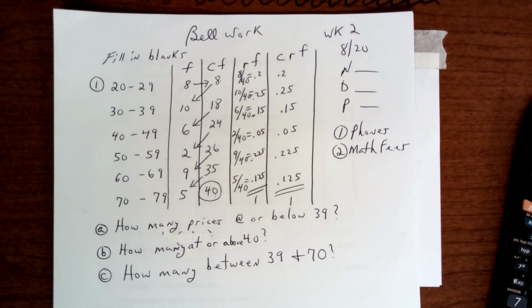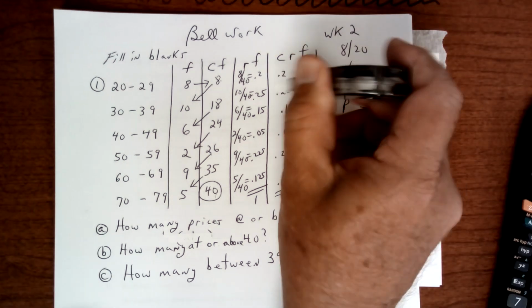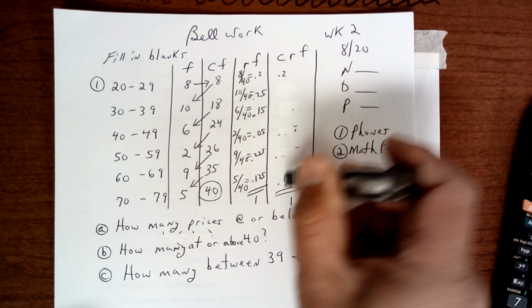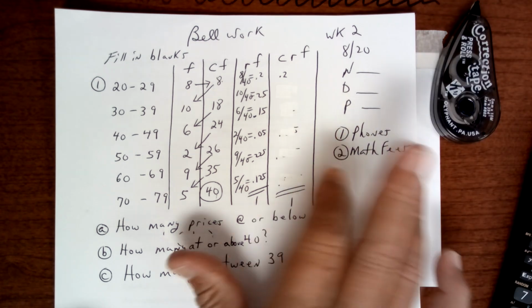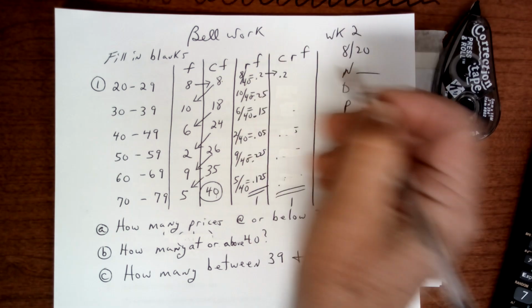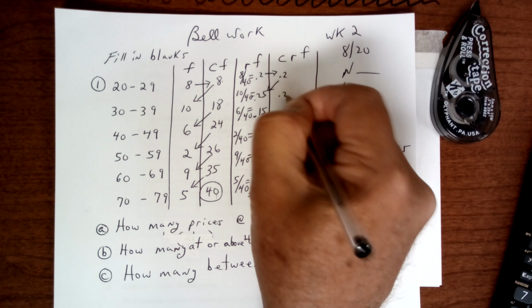Okay, now to get the cumulative, you slide this one over, and then you add it to this one, 0.45.